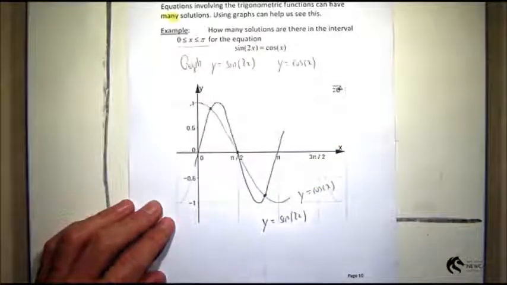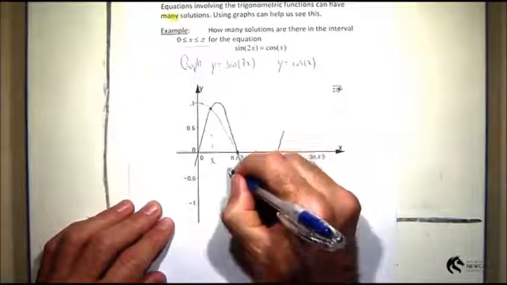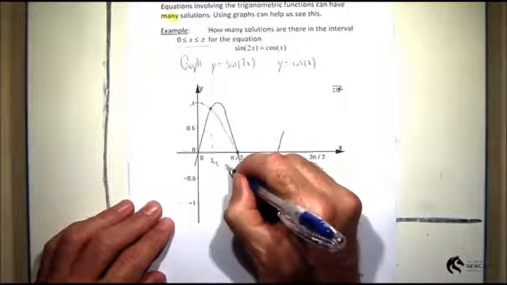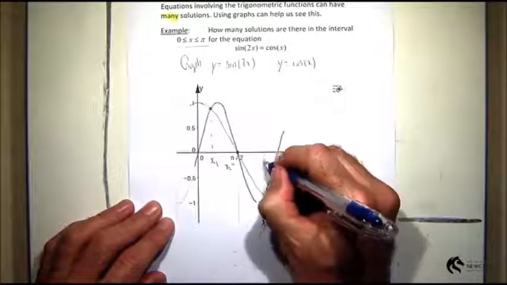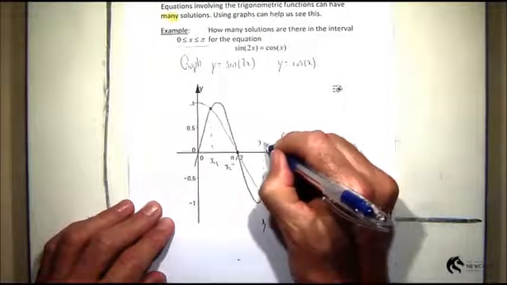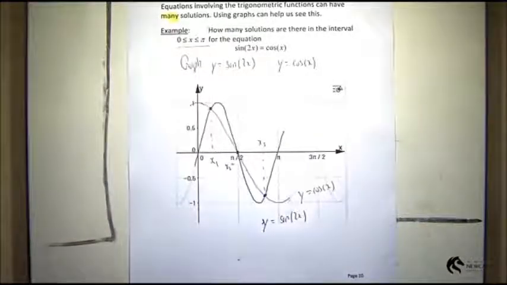And so I'm going to have three solutions: x1, x2, and I can see that x2 I think is pi on 2, and x3. So there will be three solutions between 0 and pi for that particular equation.